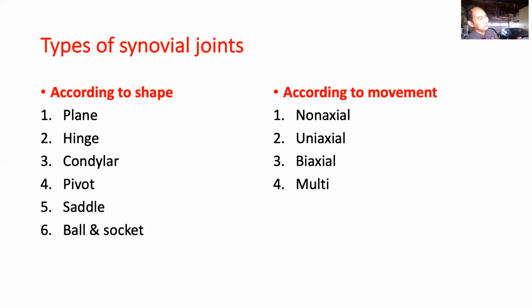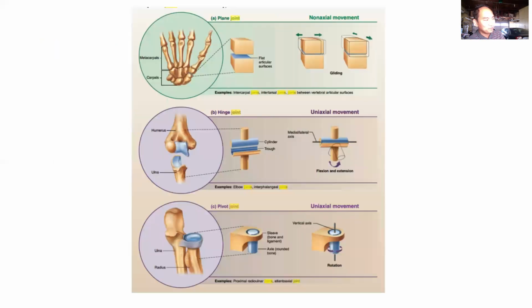Non-axial means no movement axis. The more important classification is according to shape, which is plane joint, hinge joint, condylar joint, pivot joint, saddle joint, and ball and socket joint. So let's go and understand these types of synovial joints, which are classified according to their shape.